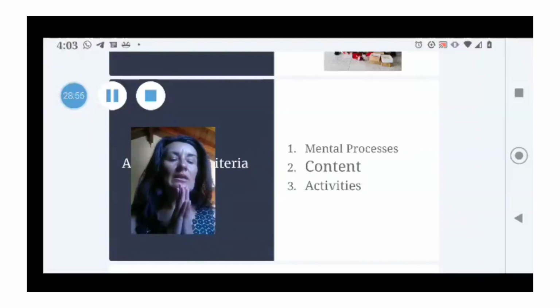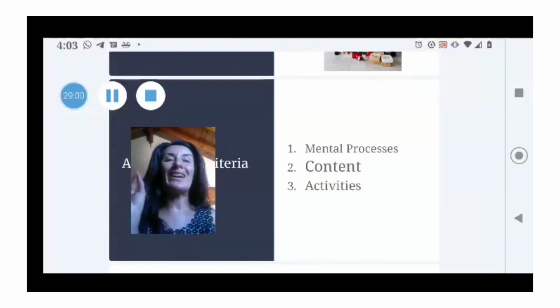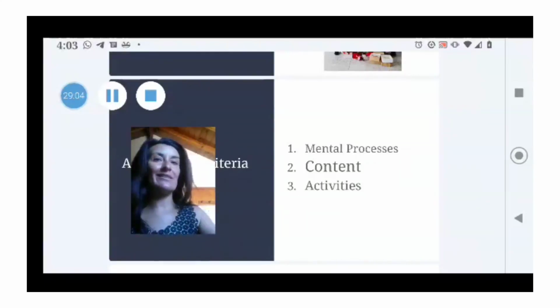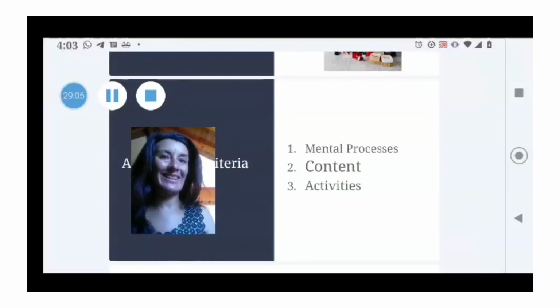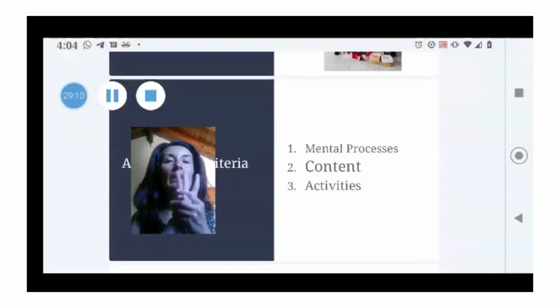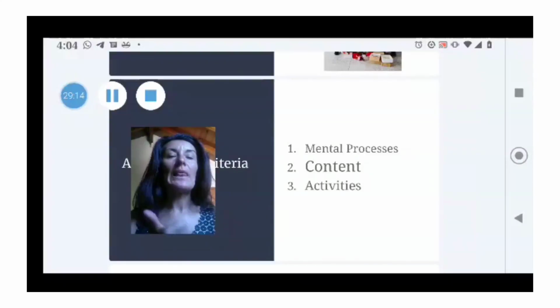When we set the assessment criteria, or criterios de evaluación, as you will see it in the diseño curricular in Argentina, you have to pay attention to 3 items. First of all, the mental process.